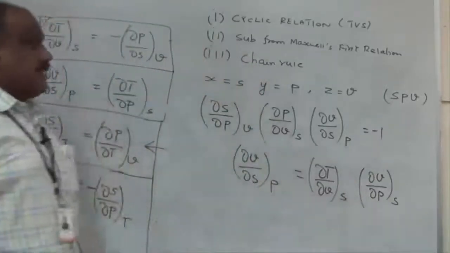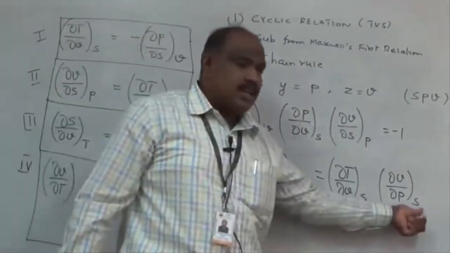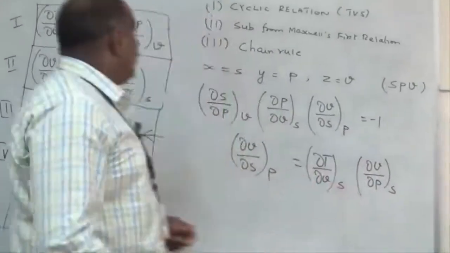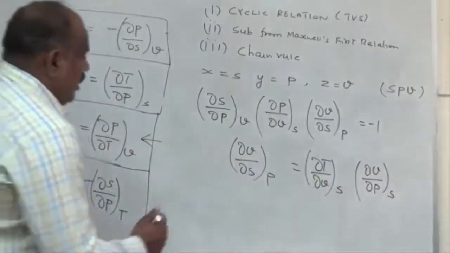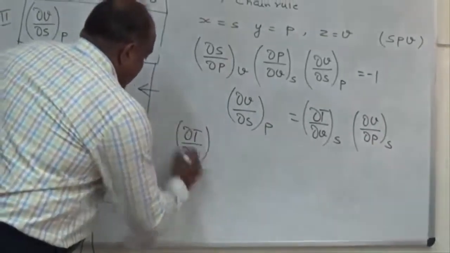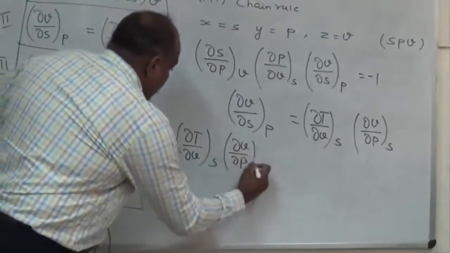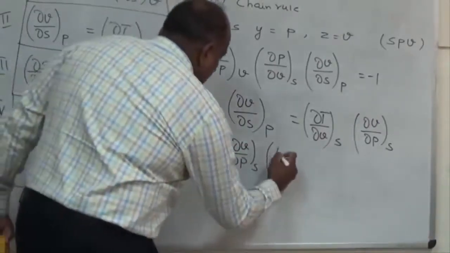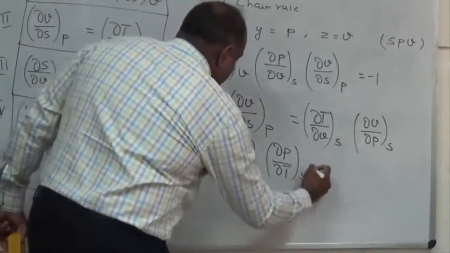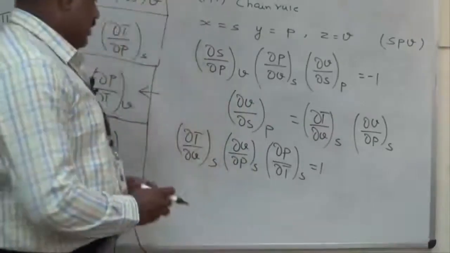Now what does the third step say? Apply the chain rule. How can we apply the chain rule? Because both the variables are the same. First of all we will write the chain rule. It will become ∂T/∂V at S into ∂V/∂P at S into ∂P/∂T at constant entropy will be equal to 1, because all are at S, so the value will be equal to 1.